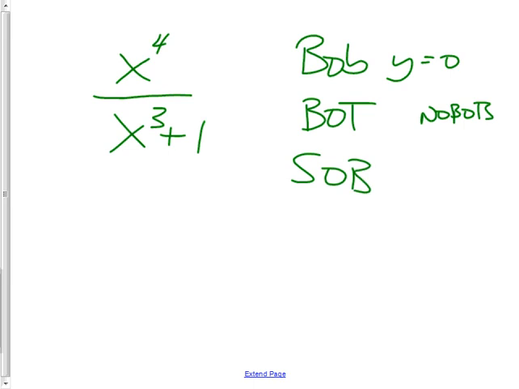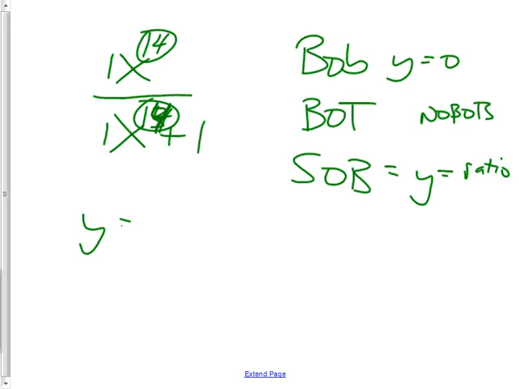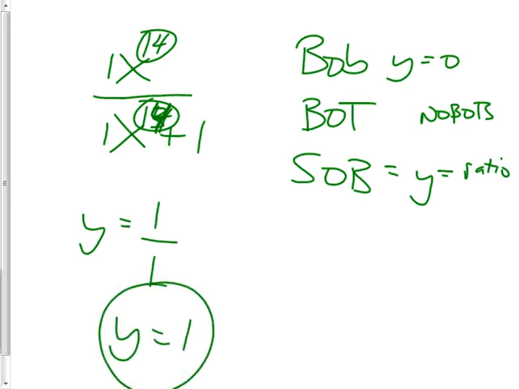And that's like if this was a 14 and this was a 14. They're the same degree. And those are a ratio. Y equals a ratio of the lead coefficients. In this case, there's a 1 here and a 1 here, so it would be y equals 1 over 1. Y equals 1. So it's bigger on bottom, bigger on top, and same on both. Those are for horizontal asymptotes.